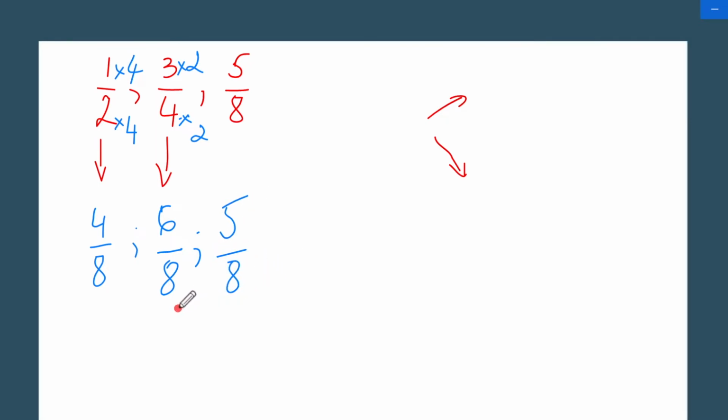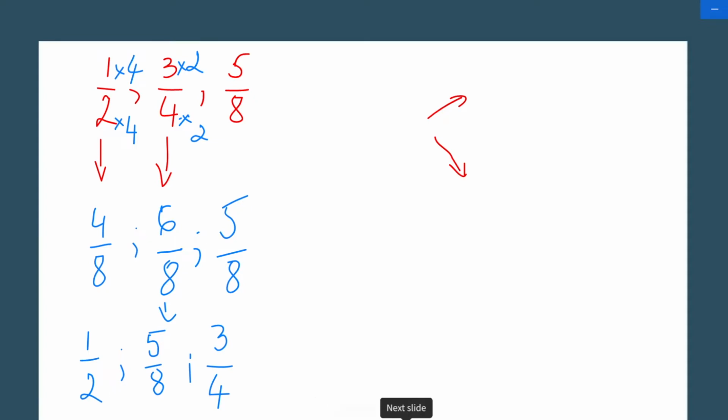Okay, and now we can put them in order. Which one is the smallest? The smallest one is the first one, 1 over 2. I am writing the initial fraction. The next one is 5 over 8, and the last one is this one, which is 3 over 4.